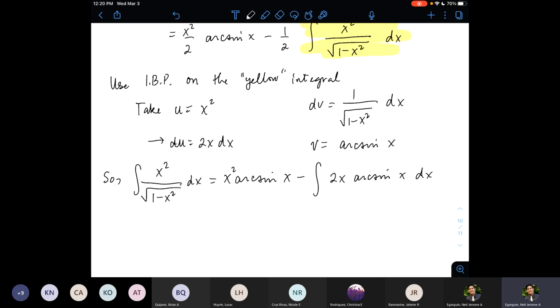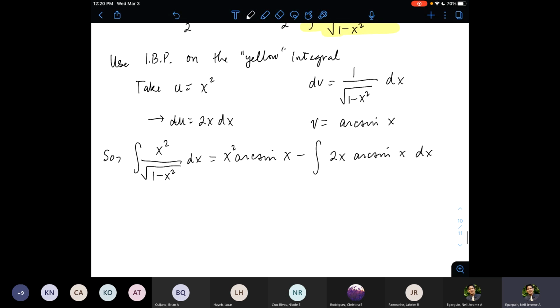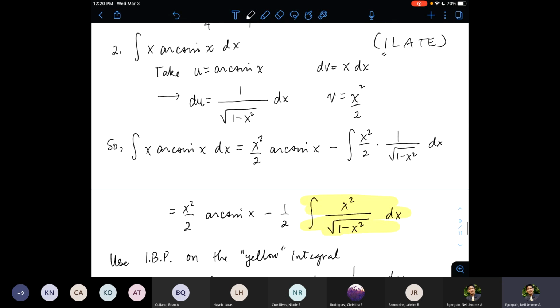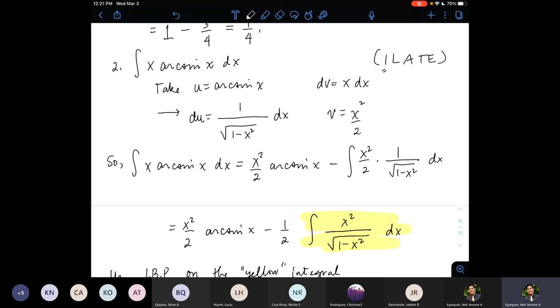Or you can rewrite it as x squared arcsine of x minus 2 integral of x arcsine x dx. But hold on, do you remember this integral? This integral happens to be exactly the original integral that we're trying to compute, right?